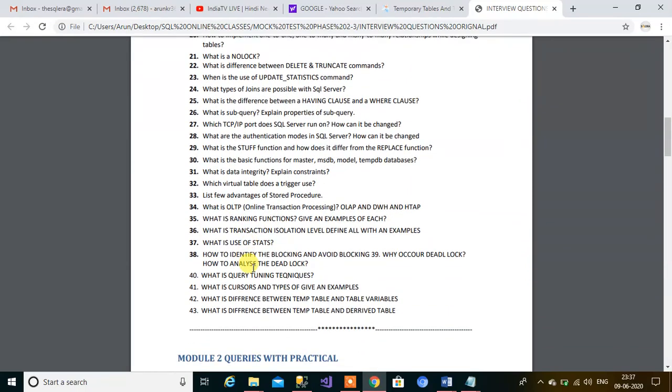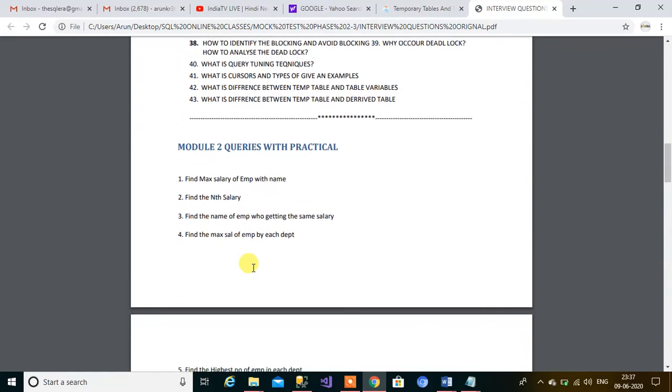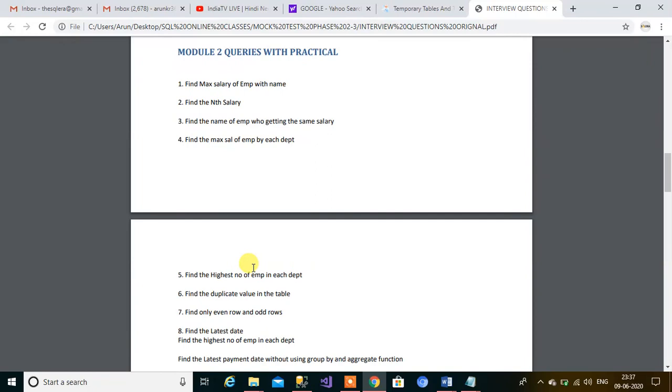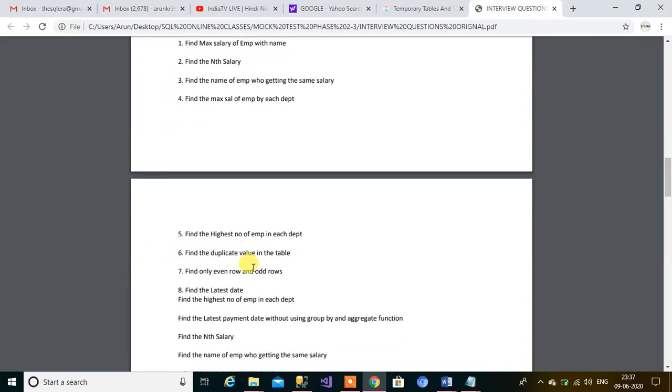If you are going for a development interview with more than 2 to 3 years of experience, this is workable for you. But the Module 2 queries part is very important. Try to solve it one by one, note it down and try to solve.